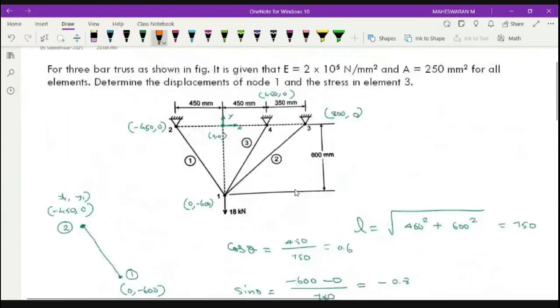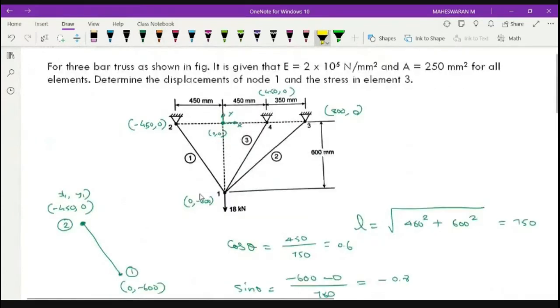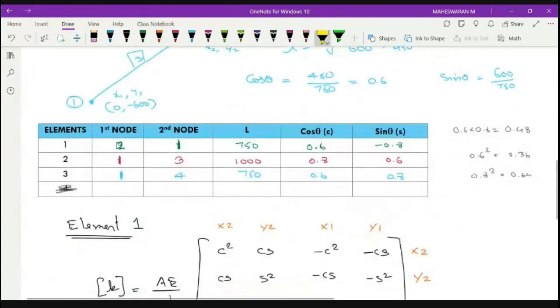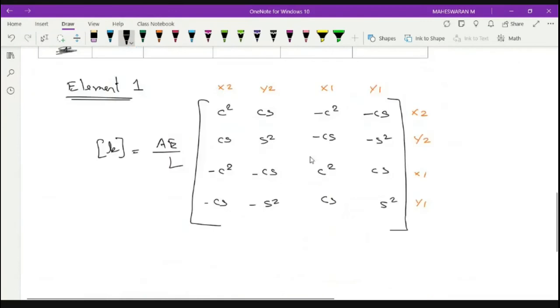Node 2 is fixed, so I will highlight it. Node 2, node 3, node 4 are all fixed. In that case, I have no need to write these rows and these columns, which means I can eliminate them now itself. So I don't need to worry about this one, this one, this one, and this one. I will concentrate only on this part. Can you get it?